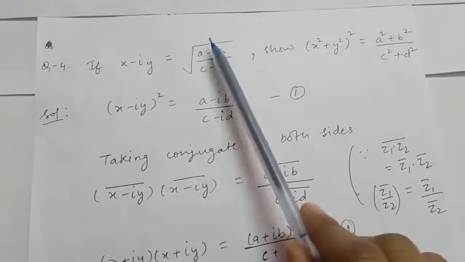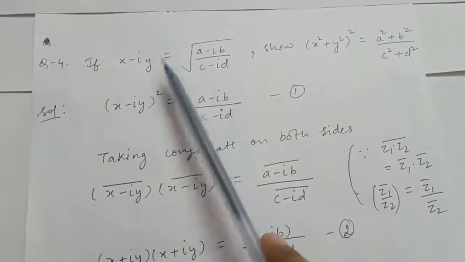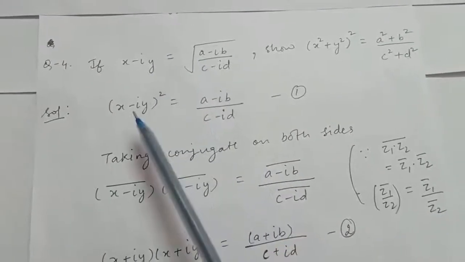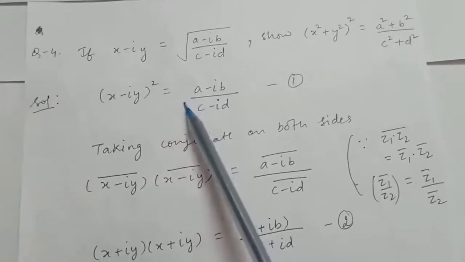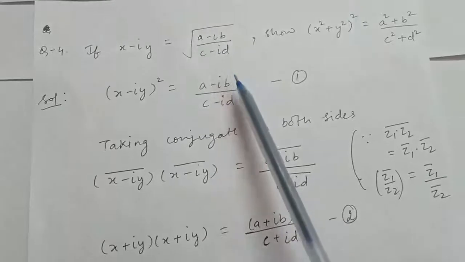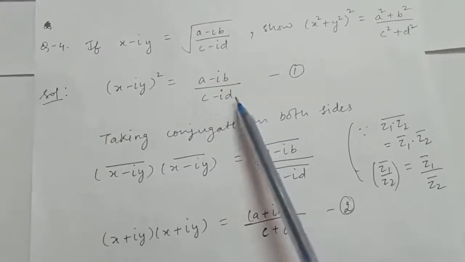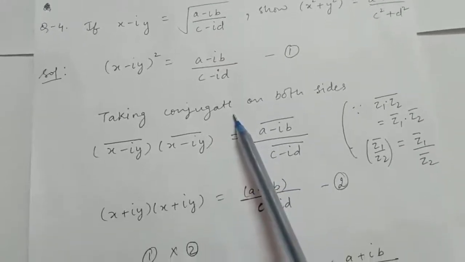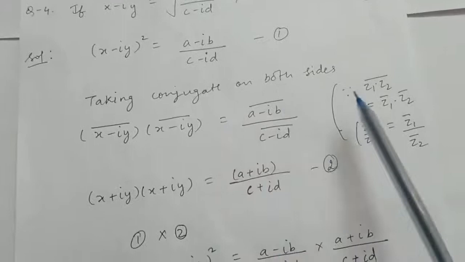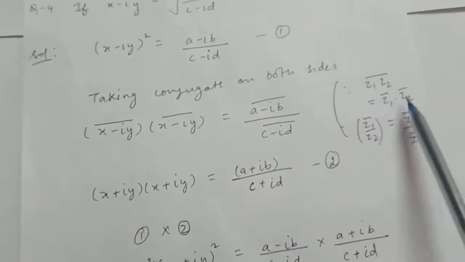Therefore, we will firstly remove this root. For that, take the square of both sides. So you will get (x minus iota y) whole square equal to, the root will get cancelled, a minus iota b upon c minus iota d. Now take the conjugate on both sides. So you know the conjugate of z1 into z2 is z1 conjugate into z2 conjugate.